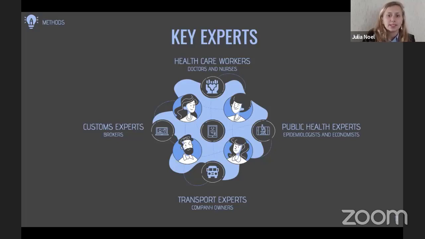For our transport experts, such as company owners, we set the criteria that they must have 7 plus years of experience in the field. For customs experts, such as customs brokers or customs lawyers, we set the criteria that they must have at least 7 plus years of experience.